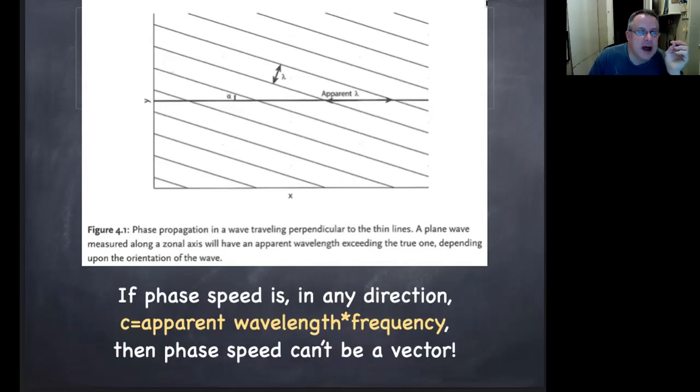That's totally opposite from what you get with a vector. With a vector, the direction of propagation is the maximum, and every angle away from that has a smaller amplitude, because you have to take a dot product from the direction of propagation into whatever direction you're looking at for the component. Here, the off direction of propagation direction propagates faster.